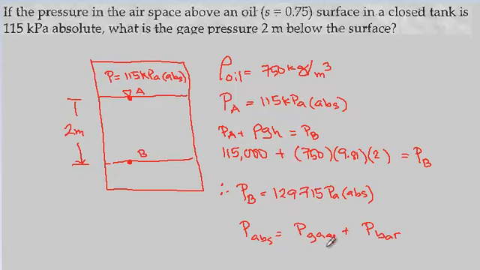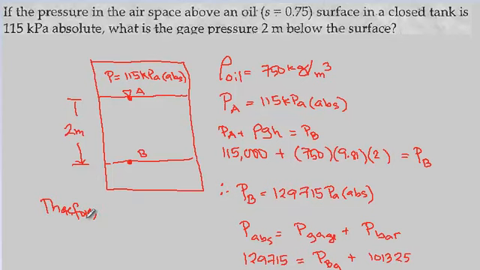And if we're not given the actual barometric pressure, we assume that this is 1 atmosphere, or in standard SI, 101,325 Pascal. So here, P absolute is known to be 129,715 Pascal, and PB gauge will then be 129,715 minus the P barometric, 101,325 Pascal.